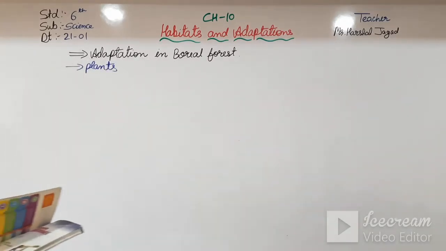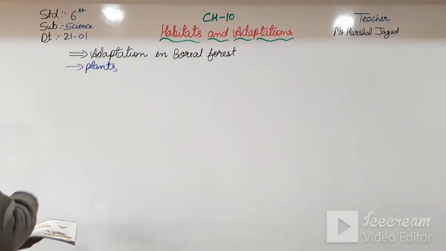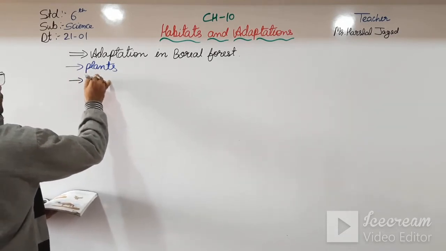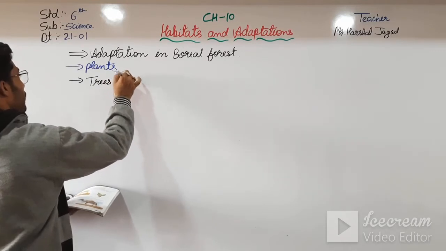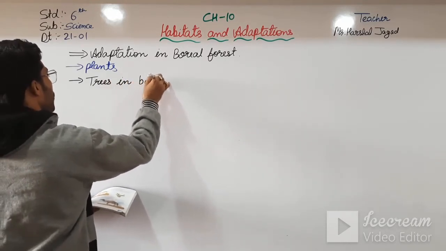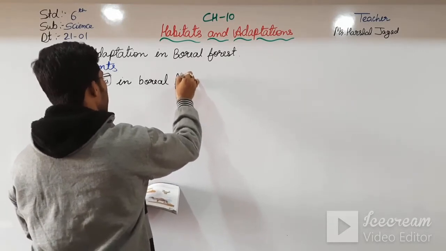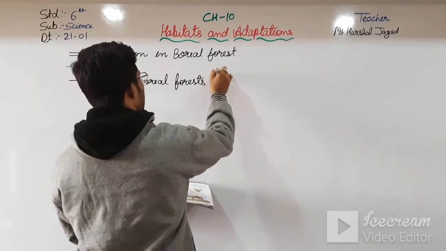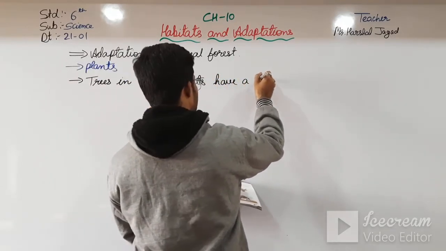First of all, trees in boreal forest have a conical shape.